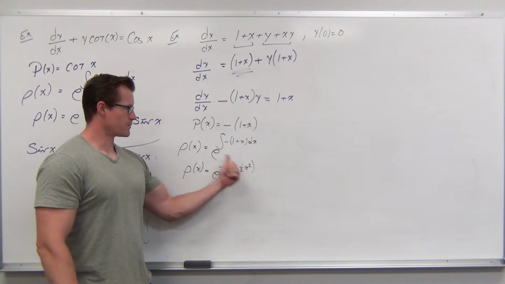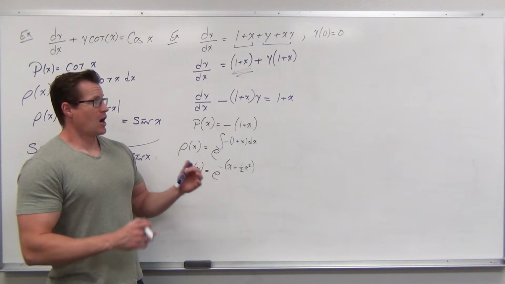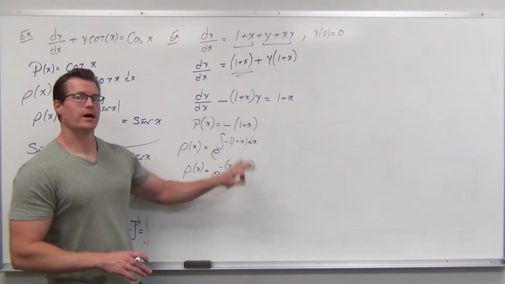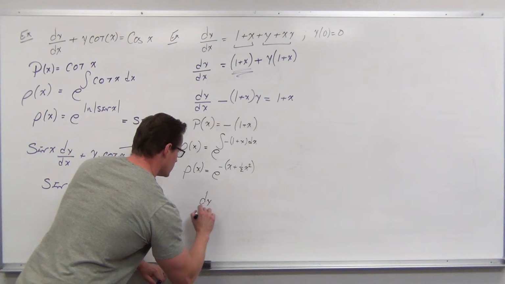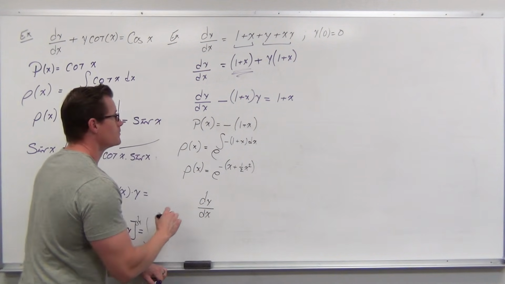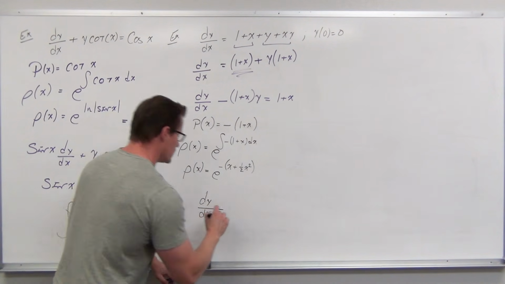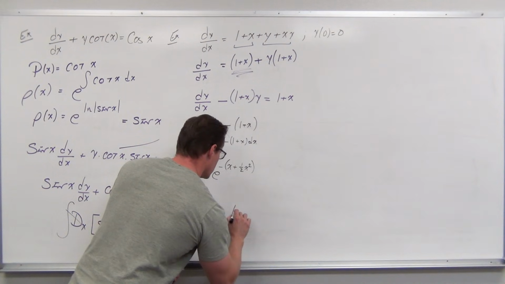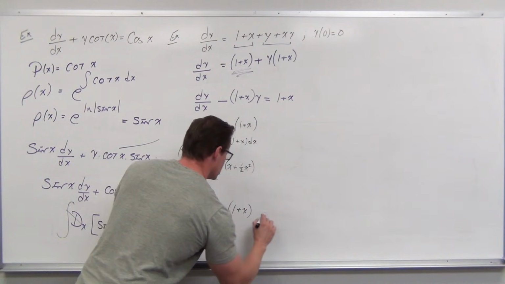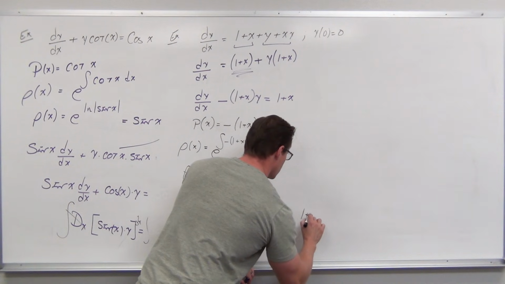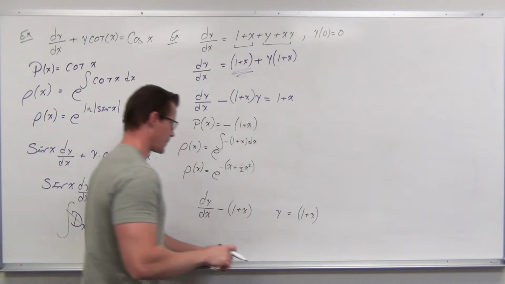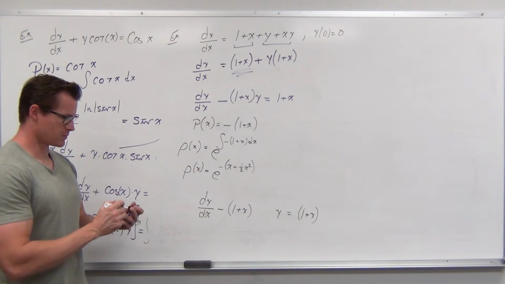So 1/2 x squared, and we have that negative out front. Unfortunately, that is what we have to multiply all of this by. Why did I just pick separable? So I left that big spot for what we're about to multiply by.